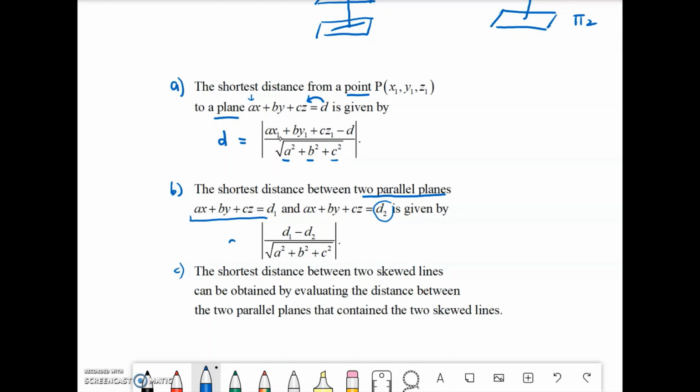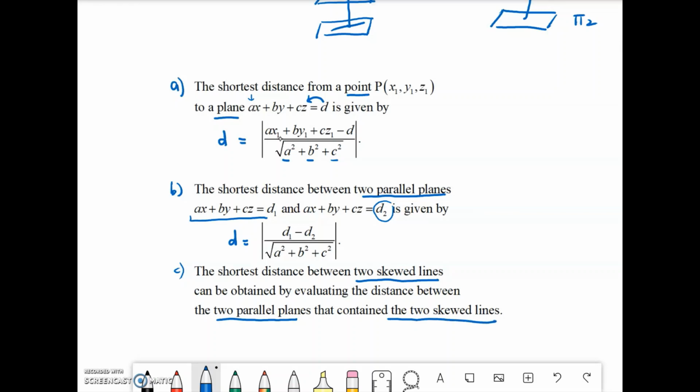So the shortest distance between these two parallel planes is equal to the absolute value of d1 minus d2 divided by the square root of a square plus b square plus c square. And the last one is that if we want to find the shortest distance between two skewed lines, it can be obtained by evaluating the distance between two parallel planes that contain the two skewed lines.